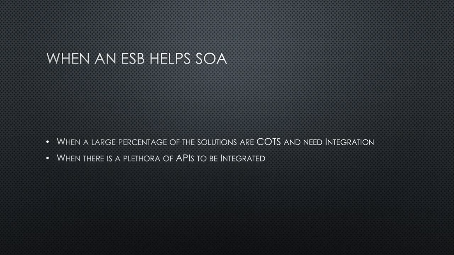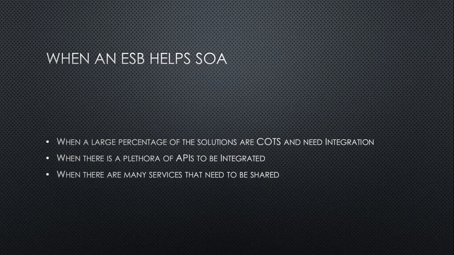When there's a plethora of APIs to be integrated, if you've got hundreds of APIs on dozens of systems and you need to standardize the way they all talk to each other, an ESB is an excellent way of doing it. And then when there are many services that need to be shared, an ESB is ideal.